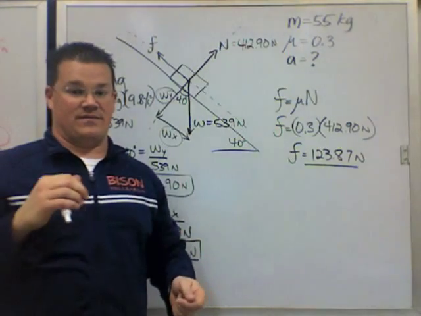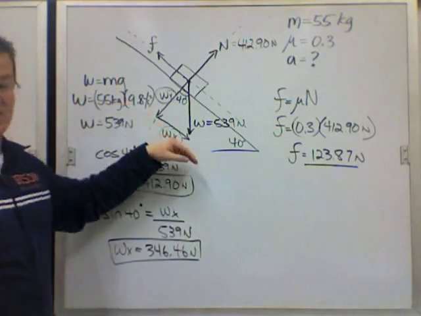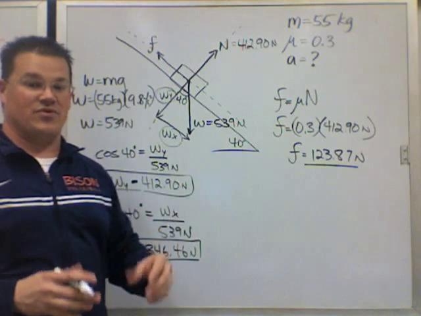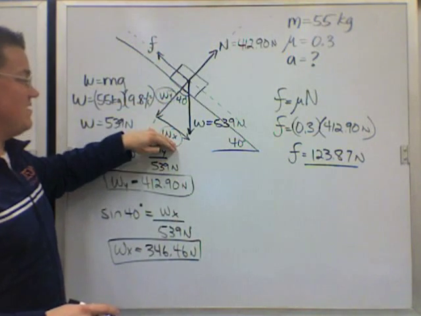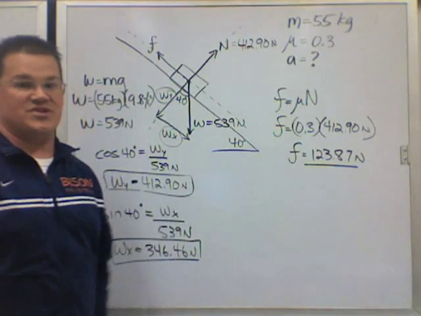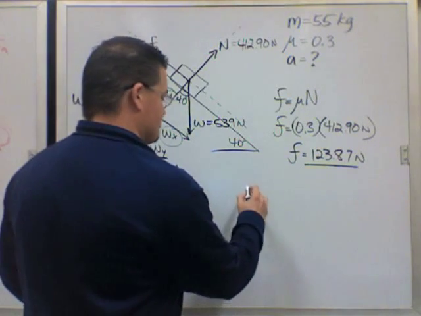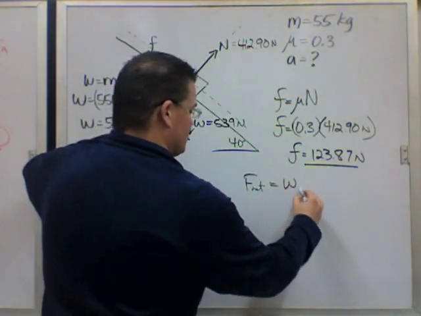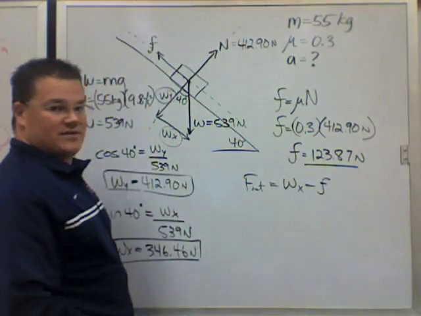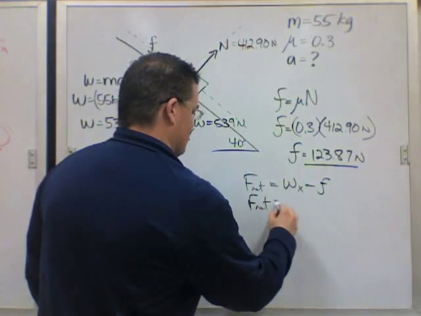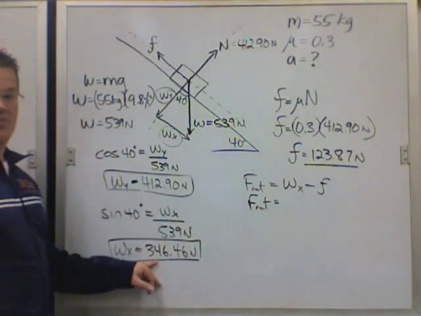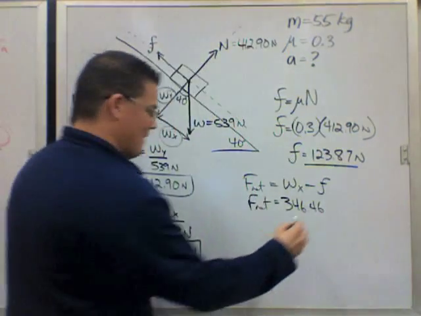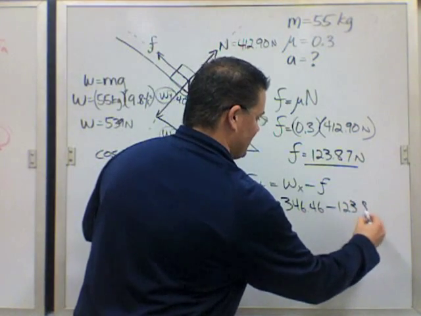So now you have friction. Now that you have friction, and you know Wx is going down the slope and friction is going up the slope, to find the net force, you're getting the sum of the forces. You're taking this friction and subtracting it from Wx in order to find out what the net force is going down the hill. So the net force is going to be Wx minus the force of friction, which in this case is 346.46 minus 123.87 newtons.